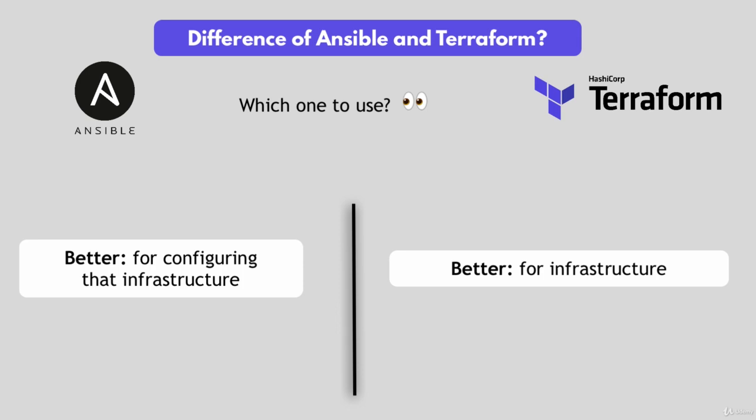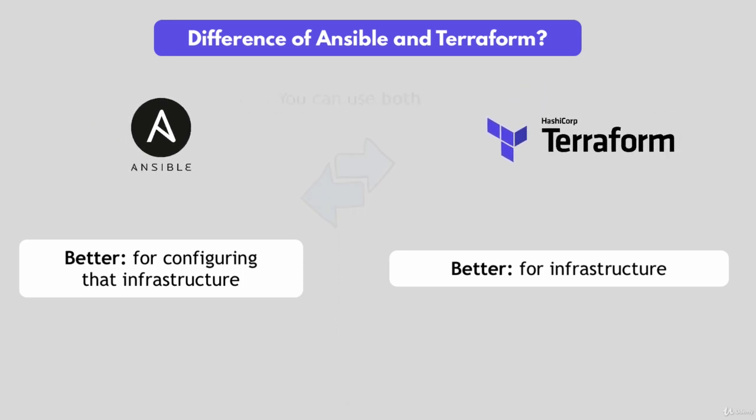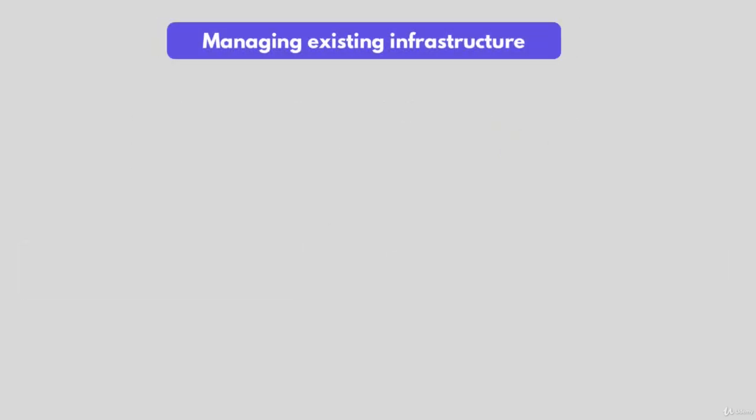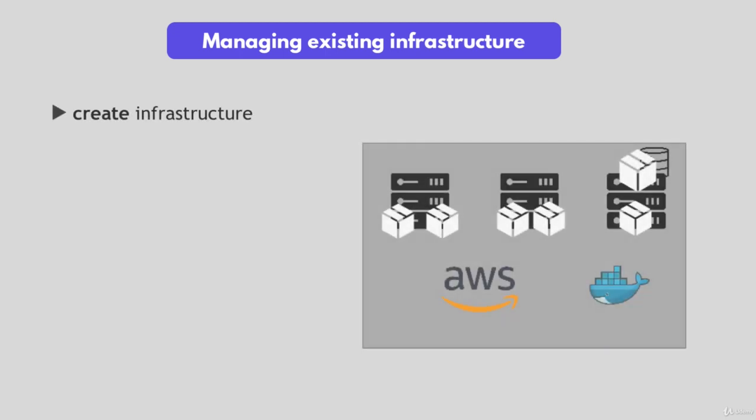So it's a common practice where DevOps engineers use the combination of these tools to cover the whole setup end to end, using both for their own strength, instead of just using one tool.